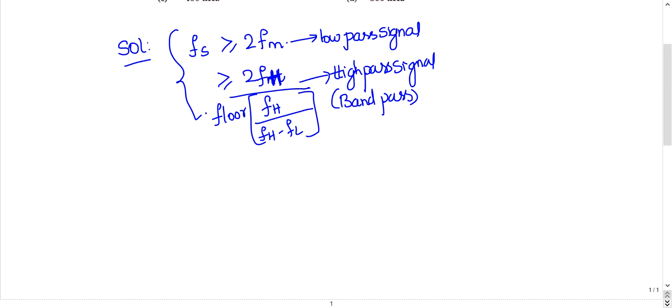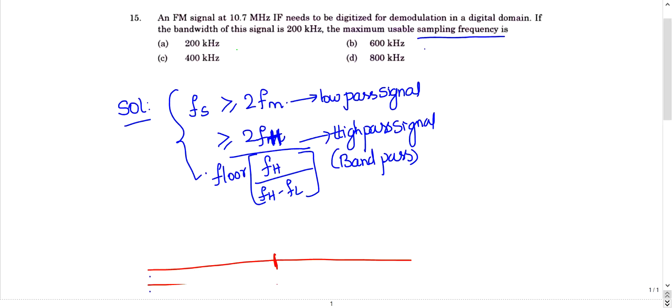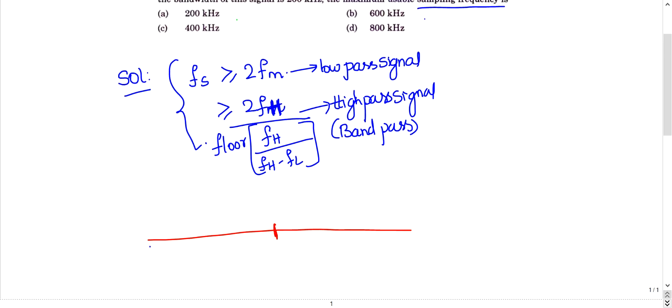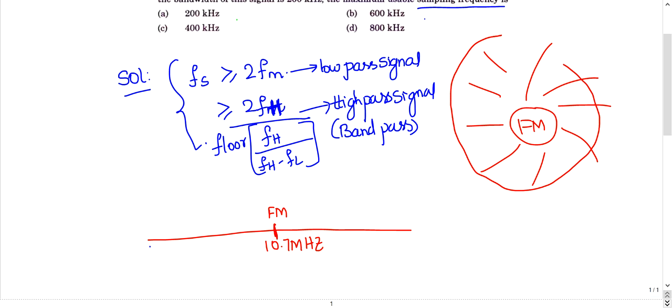Fine. So it is given that there is an FM signal, and we'll go back to the question. The FM signal is at 10.7 megahertz, so at some station it is at 10.7 megahertz, and it has a bandwidth. Suppose you have your FM, it has some bandwidth, within which this FM is visible.